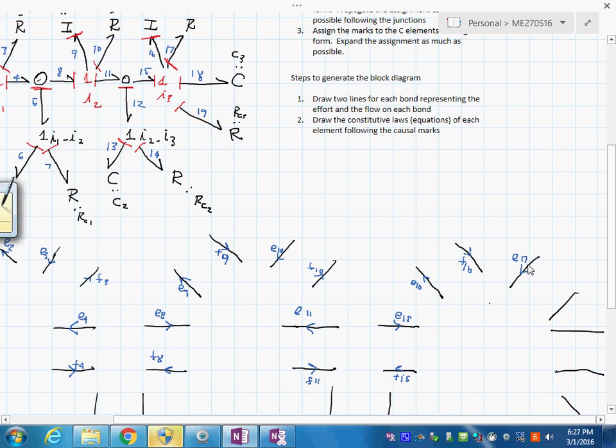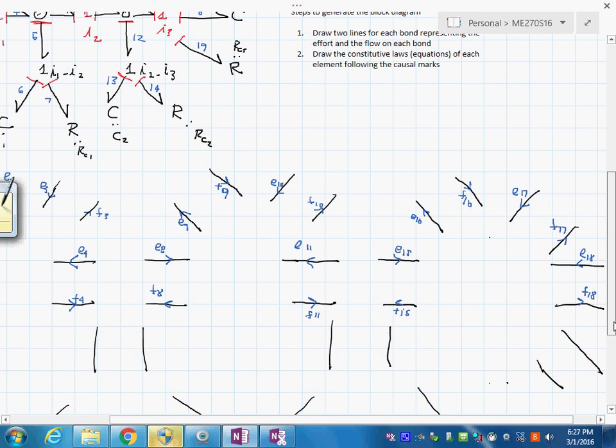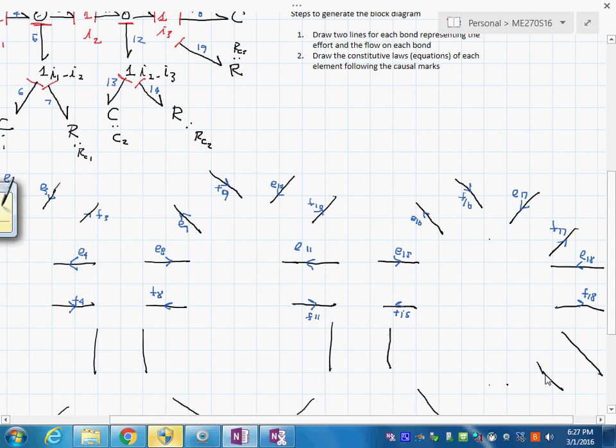Yeah, and I think we are done, except that on the left we didn't finish this one, that is number 5, 6 and 7. So E sub 5 and F sub 5, and you see that E5 goes this way and F5 goes this other way.